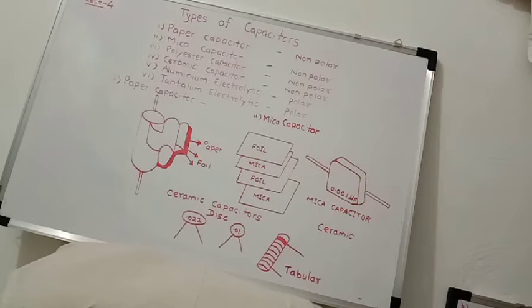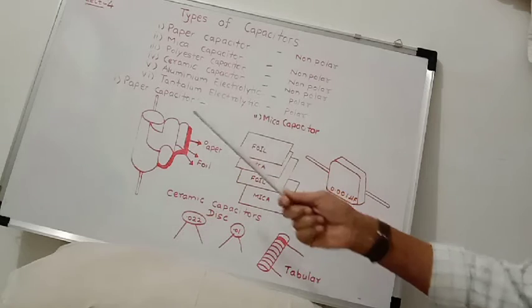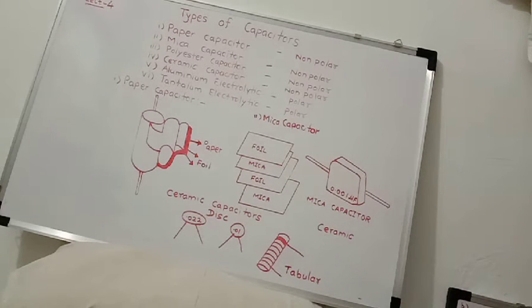Then next we will see the second type, a mica capacitor. Here instead of paper, mica is used as an insulating material. So in between two metal foils, mica is used as a dielectric material, so it is called a mica capacitor.